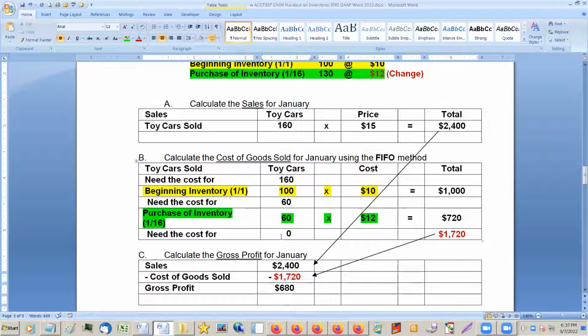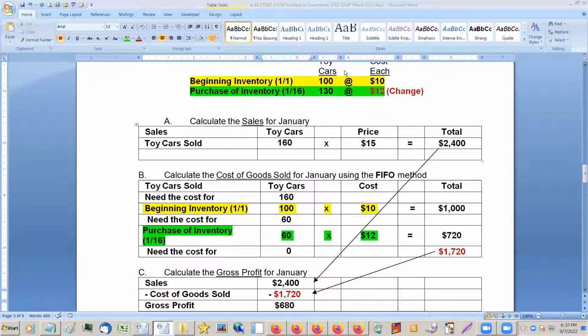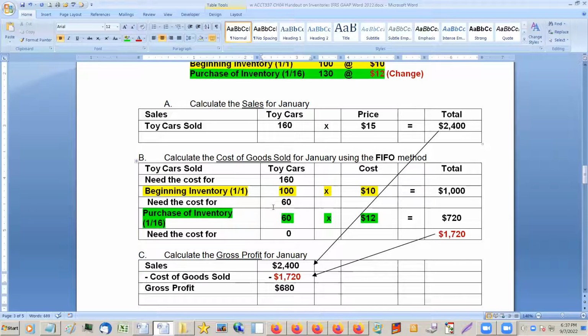And our ending inventory. The ending inventory now.